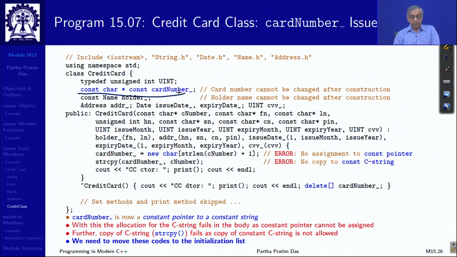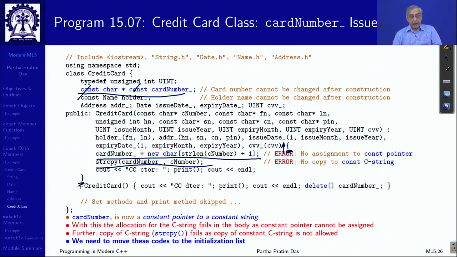With this now we will have some problem, because when we were doing this allocation in the constructor, this is what we wrote. At that time, card number was not constant or anything. So, what I said is, the initialization list has happened up to this point, the body has started, body ends here.